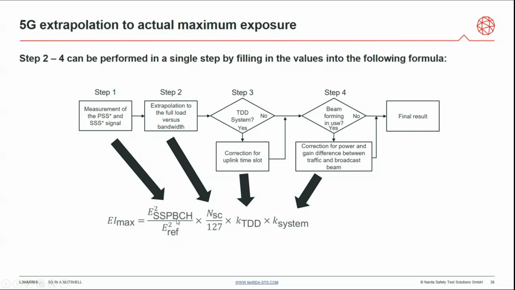There will be no change of that formula, because this formula is correct and can be applied, but we use a different synchronization signal or a different part in the signal where it's allowed to have a calculation to maximum exposure, or which is supporting that.